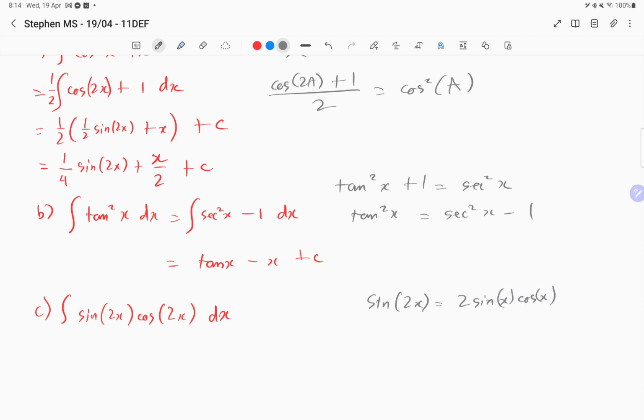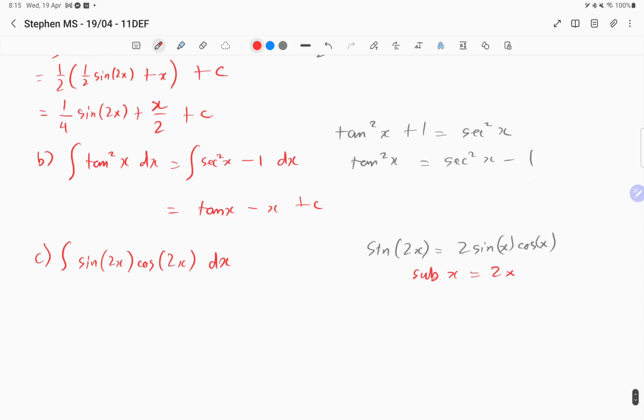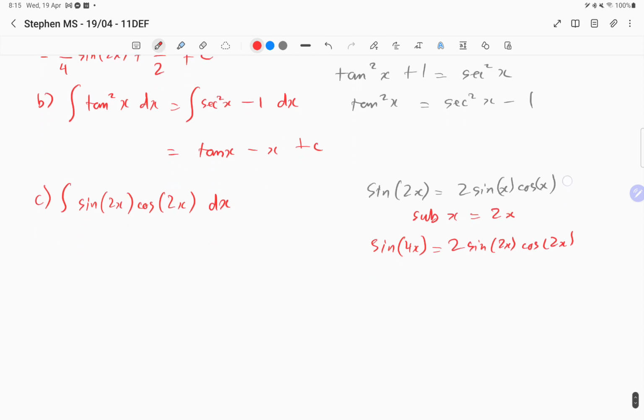Looks similar but not the same. This is 2x, which means I need to substitute x equals 2x into both sides. Instead of x, I want 2x. So sine 4x equals 2 sine 2x cos 2x. So you see, you have to manipulate the identities. That's why you need a bit of creativity in these questions.